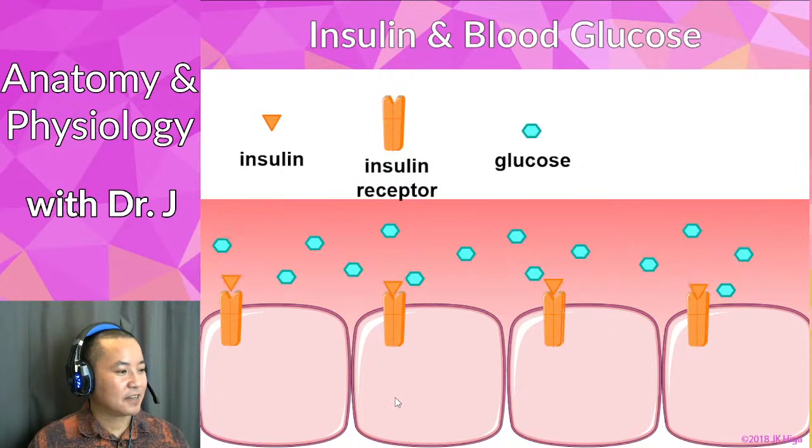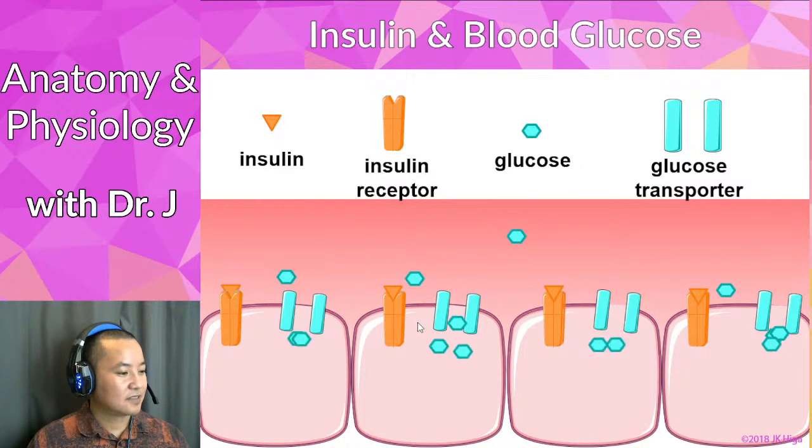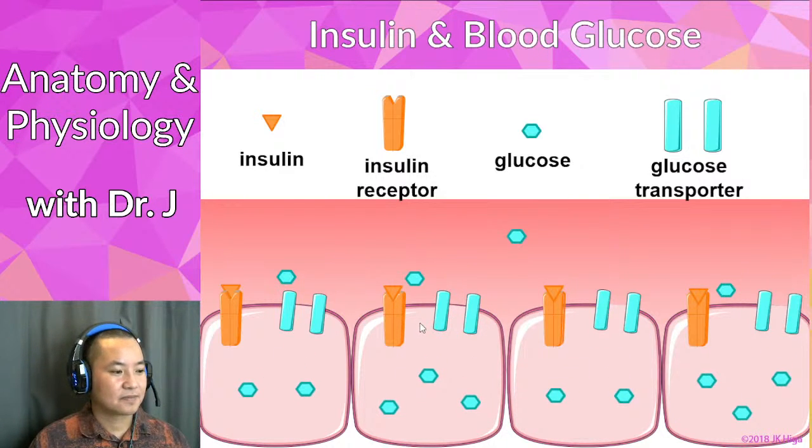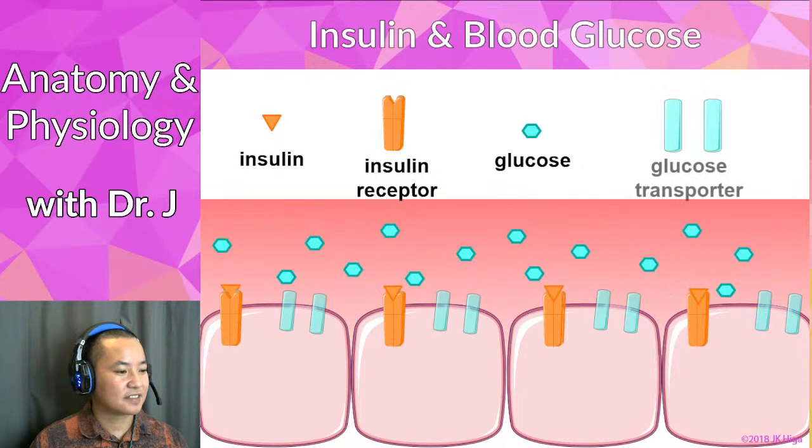If insulin binds to the insulin receptors on these cells, this is going to cause glucose transporters to appear on the surface of these cells. And if these glucose transporters appear, where is the glucose going to go? It's going to go inside these cells. Now, what did you notice before and after all of this?